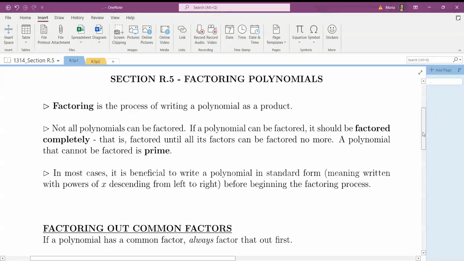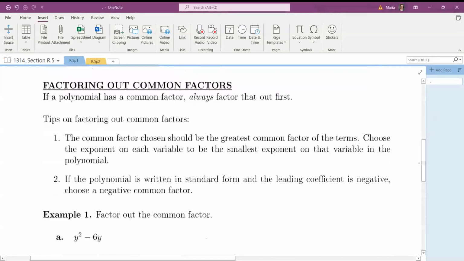All right, like I said, there are several factoring techniques that we're going to cover in these videos. The first thing you should always do when factoring is try to factor out a common factor. So we're going to go over that first. If a polynomial has a common factor, you always want to factor that out first. So, some tips for factoring out a common factor.